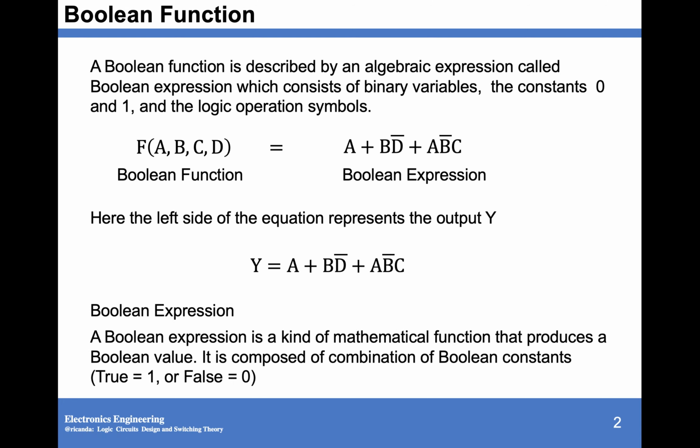A Boolean expression is a kind of mathematical function that produces a Boolean value. It is either true, which is equivalent to 1, or false, which is equivalent to 0. It is composed of a combination of your Boolean constants.